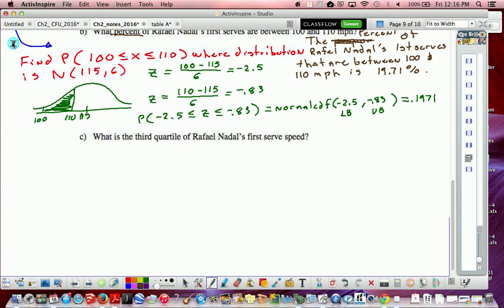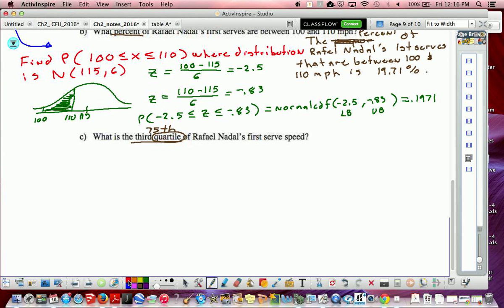So, last one here says, what is the third quartile of Rafael Nadal's first serve speeds? Meaning, third quartile is what percent? Not third standard deviation, third quartile. Quartile divides in quarters. So Q1, Q2, Q3. So we're talking about the 75th percentile.